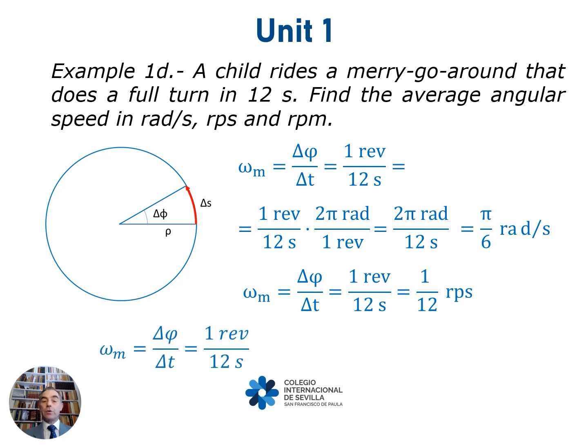And in revolutions per minute, we know that 60 seconds make a minute. So multiplying times 60 seconds divided by 1 minute is multiplying times a conversion factor. It equals 1, but we can get rid of the seconds, and we obtain 60 revolutions in 12 minutes, which means 5 revolutions per minute.